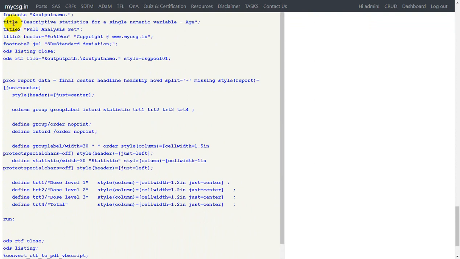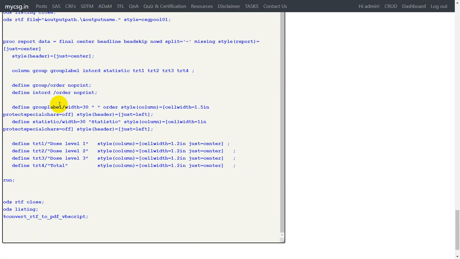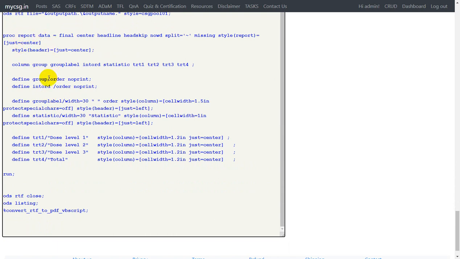Here I am assigning titles as in the shell: descriptive statistics for a single numeric variable age, title 2 with full analysis set, and then some color coding for this description, my csg.in as the third header, and a footnote which says SD is equal to standard deviation. Then I am routing my output to an RTF file by using the ODS RTF statement, and then used proc report, making use of the column statement to specify which columns have to be used as order or non-printable columns, and which other columns have to be displayed.